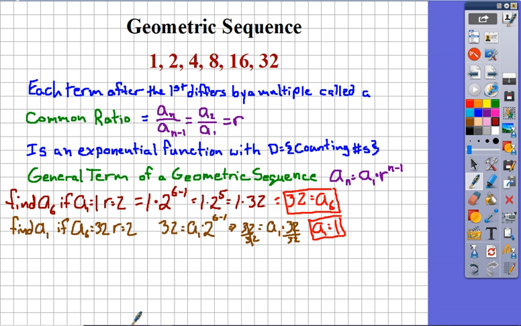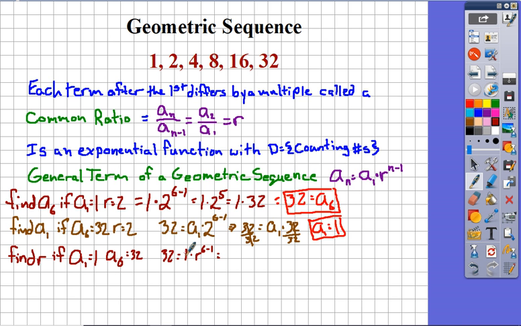Now let's find the common ratio. Find r if the first term, a sub 1, is 1, and the sixth term, a sub 6, is 32. We got the first term and the sixth term, and they've also told us n, the number of the term. So 32 equals 1 times r to the 6 minus 1 power.